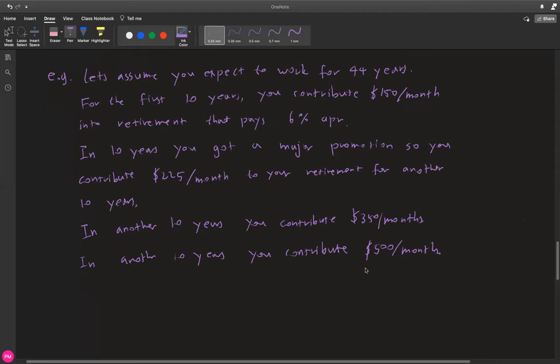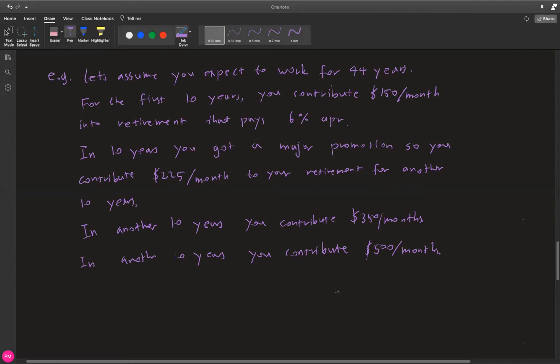And this is a very likely scenario because as you move up in the world, your salary would increase, you would get promotions, and you should be able to set aside a little more for your savings as you progress in the world. So I hope that was enough explanation for this problem.